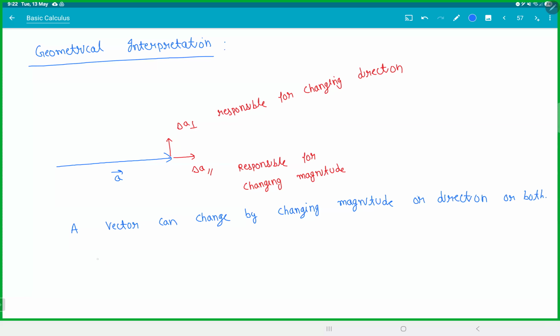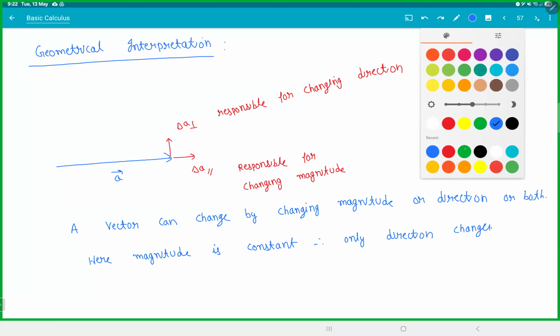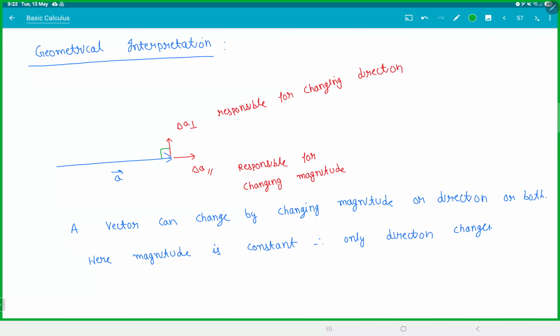But in our question here, magnitude is constant. That means the only way you can change is delta A perpendicular. Since the magnitude of the vector is constant, therefore only direction changes. So this is how you can prove the same thing. So delta A bar is perpendicular to A bar. These two are perpendicular to each other. Is this making sense?